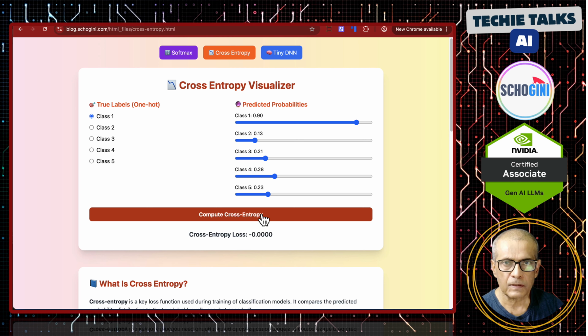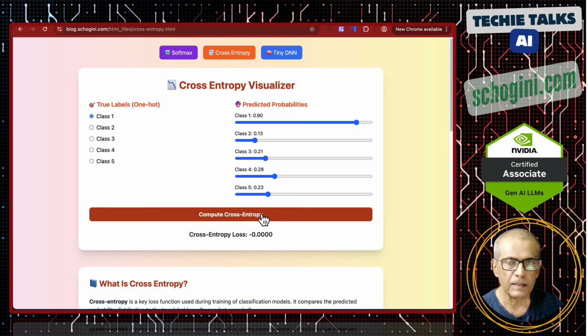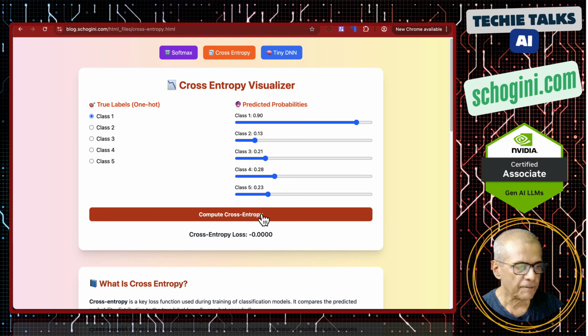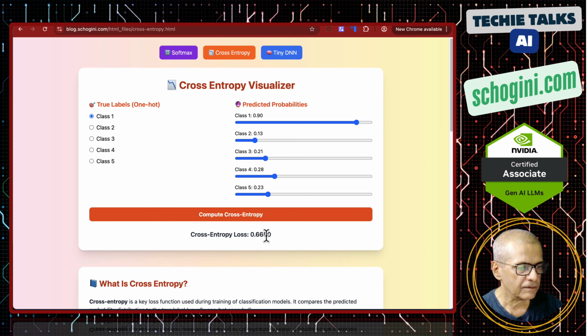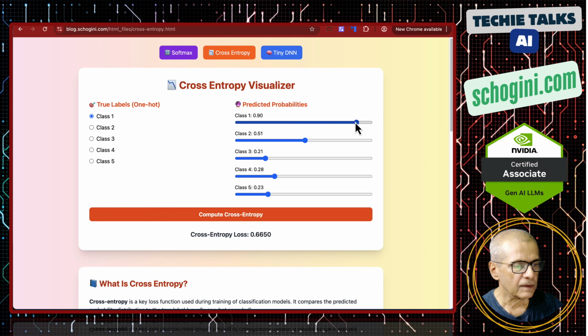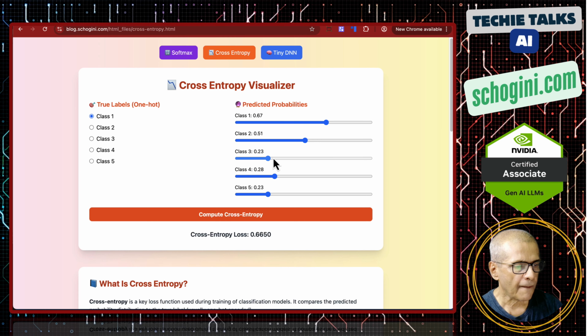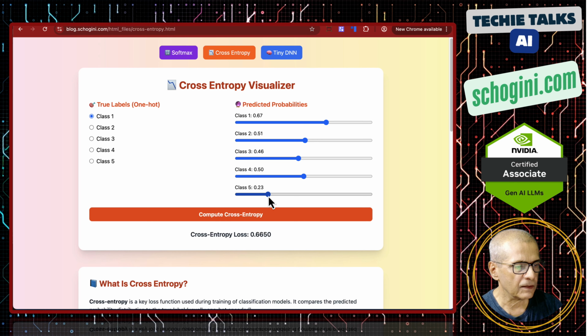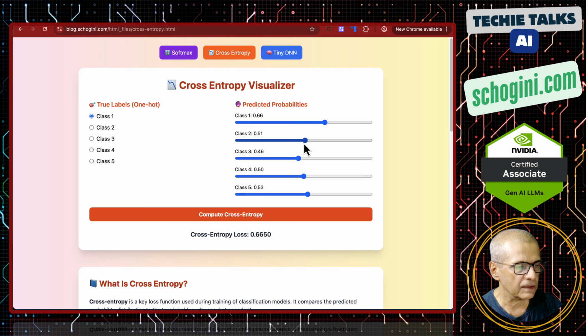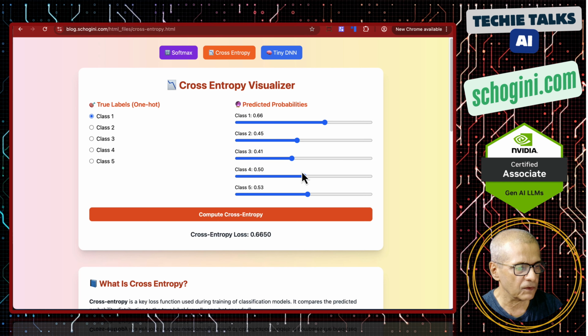So there is some scope for further improvement in the learning process, isn't it? So if you click, see, we have 0.66. So let's increase and reduce these. Remember, they all should add up to 1. That is not the case here. I need to adjust the JavaScript code for it, but you're getting the point.